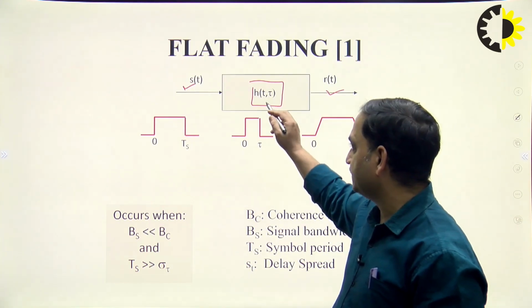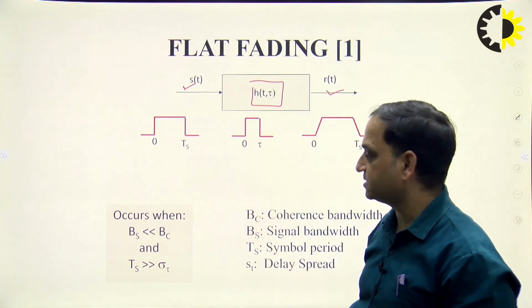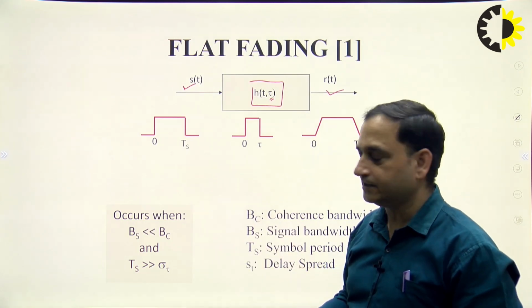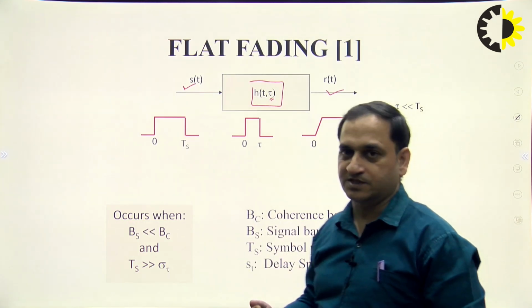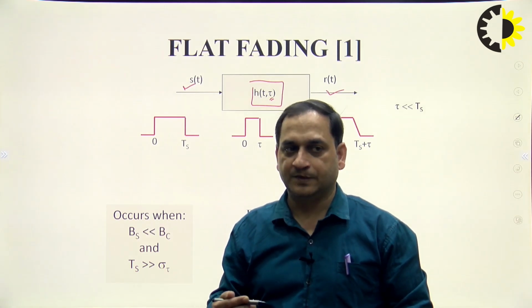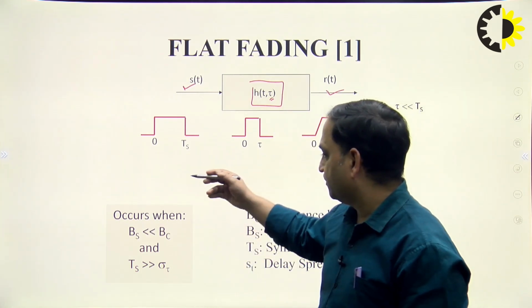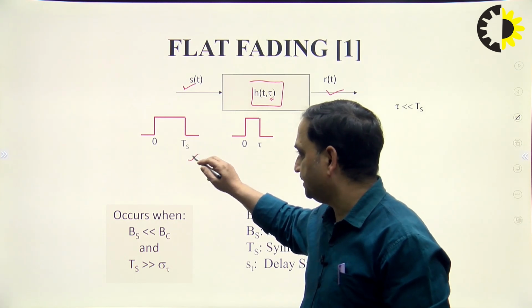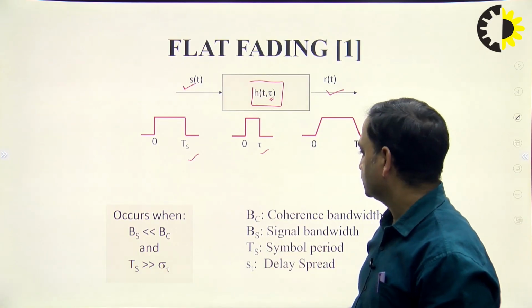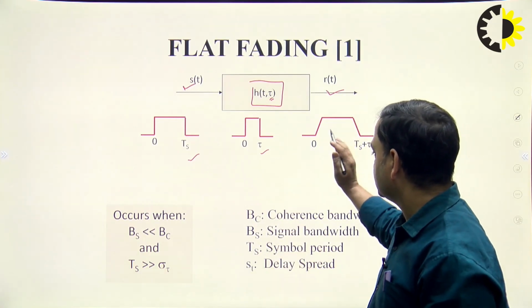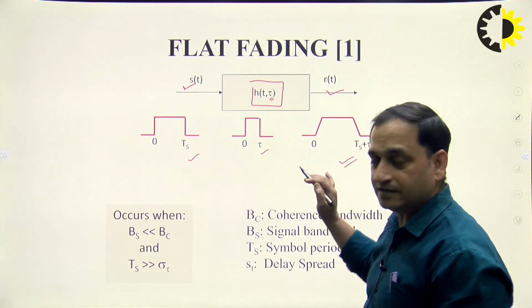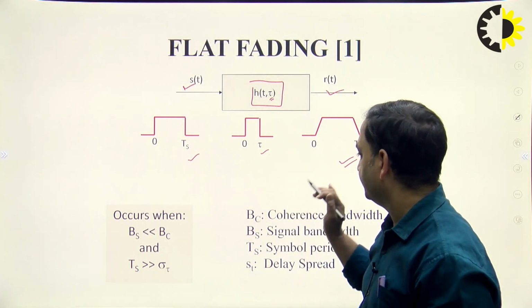So t is the time instance at which we are transmitting a signal, and tau is the delay which is achieved when the transmitted signal follows multiple paths. So in this way, the symbol period is Ts and the channel delay spread is tau. So in this way, this is the spread of the signal. It means this signal is in the deep fade.